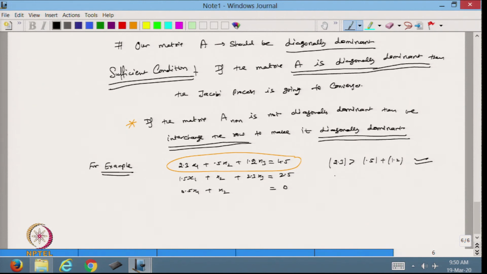This coefficient is 1, and this is 1.5 plus 2.3, so this is less than that. And the third element is 0, so this value is definitely less than 0.5 plus 0.1. So I can say that the whole matrix is not diagonal dominant.